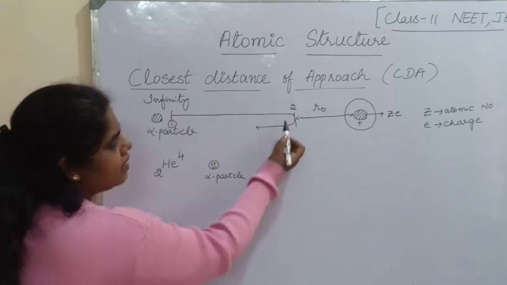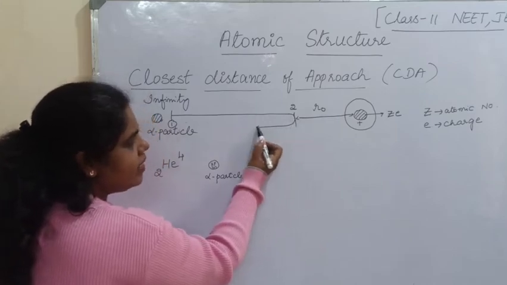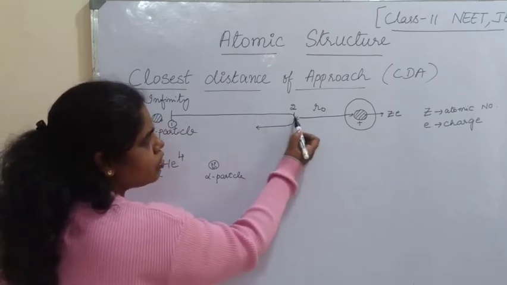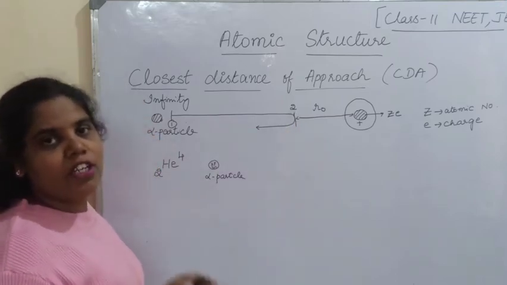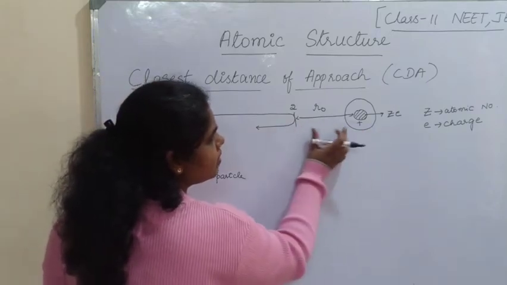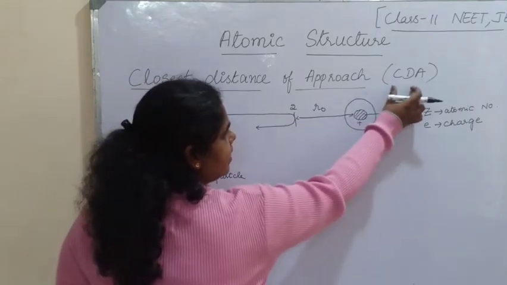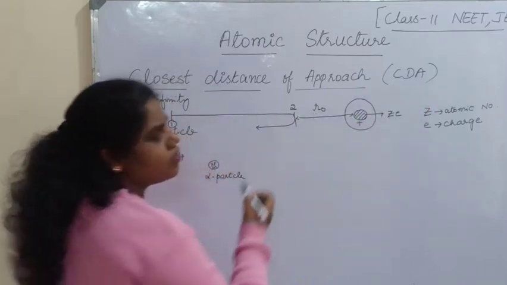As a result, at one point they will stop and then deviate. This position where the alpha particle stops we take as 2. The distance from here to the nucleus we call CDA, the closest distance of approach, and let that distance be R0.